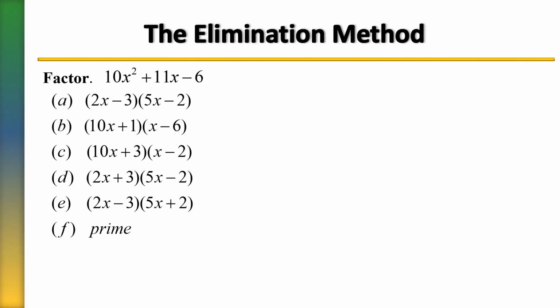The last method I'm going to discuss is the elimination method. So as you know, your test is going to be multiple choice. And so let's just say all of those methods I went through, let's say you didn't quite get it. Let's say it went over your head. Fine. No stress.